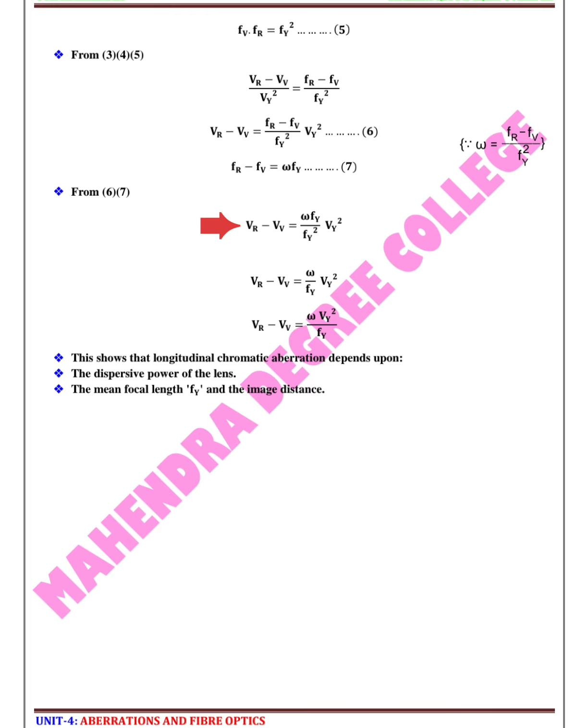So we get Vr minus Vv equals omega Fy by Fy square into Vy square.